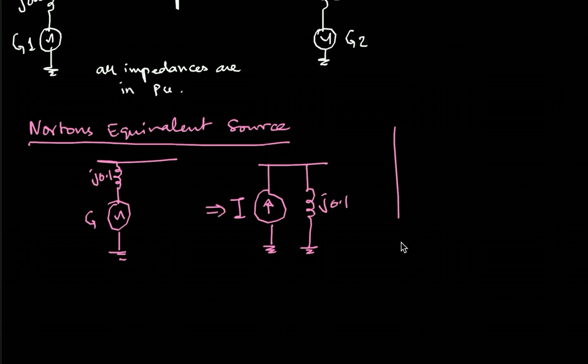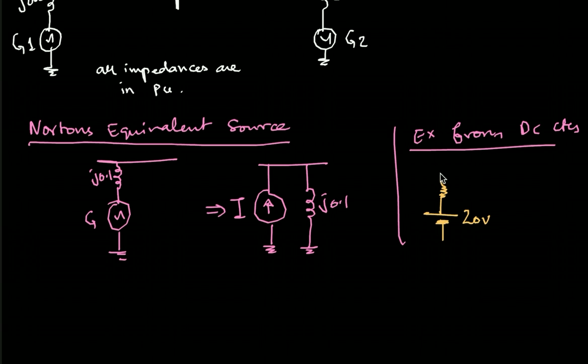So this is an example from DC circuits. If you have a voltage source, let's say a voltage source of 20 volts whose internal resistance is, let's say, 4 ohms. This can be equivalently represented as a current source.